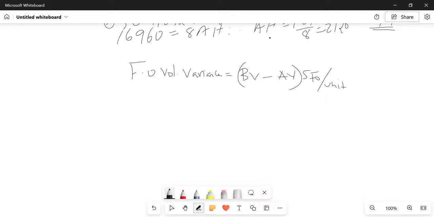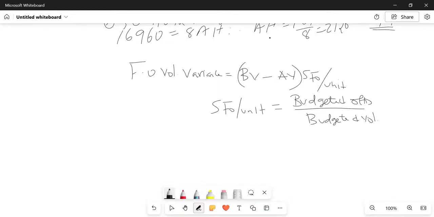Could you kindly give me the standard fixed overheads per unit? Let's start from this one. So this will be budgeted overheads over budgeted volume.